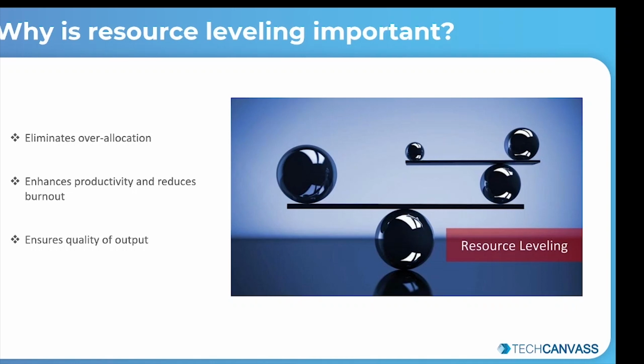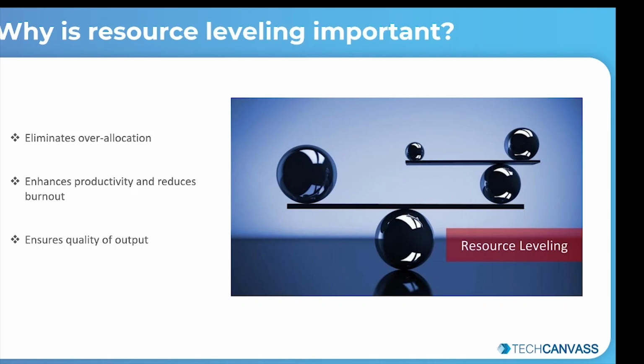It is important because it eliminates over allocation. By balancing the demand of project tasks with resource capacity, resource leveling removes the risk of over allocating resources. It also enhances productivity and reduces burnout. By removing over allocation, the risk of resource burnout is reduced.